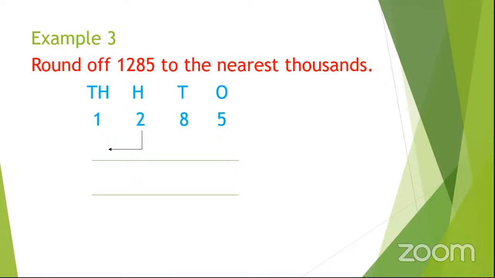Then after understanding that, when they require a place value, that means they are not concerned with what happens in the other place values before that required place value. For example here, they want us to round off to the thousands. So this person wants you to simply equate the 1 under the hundreds.